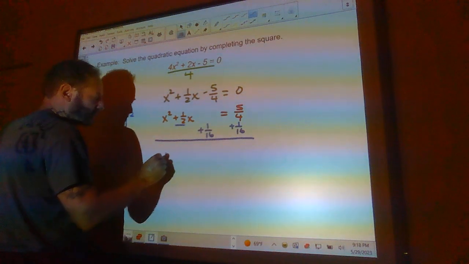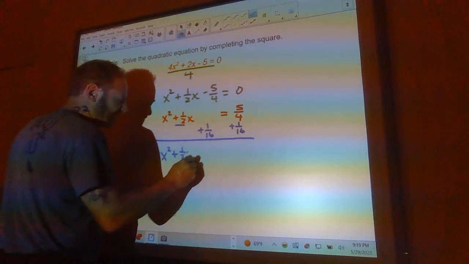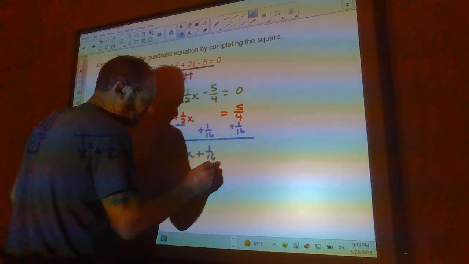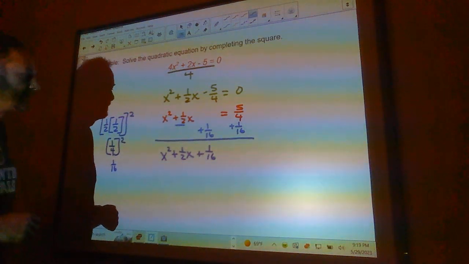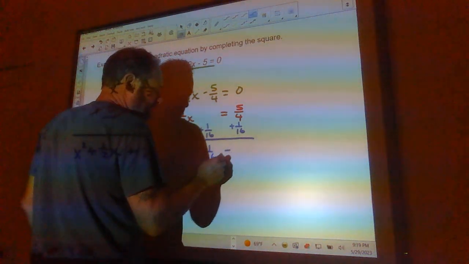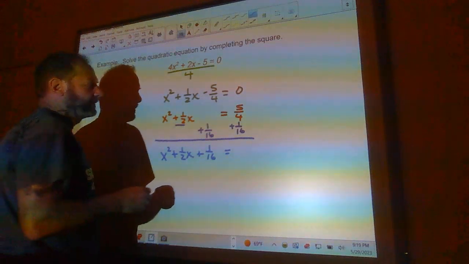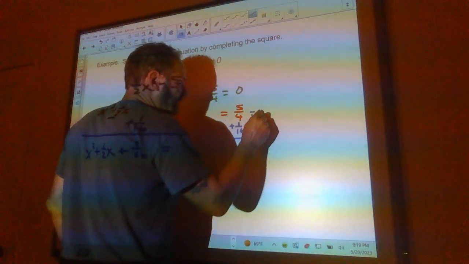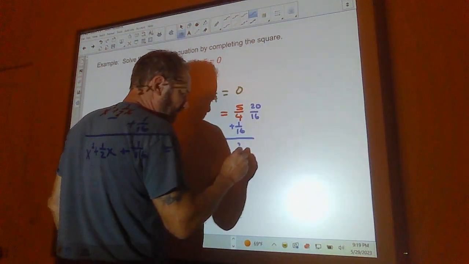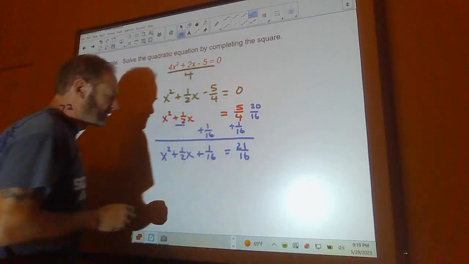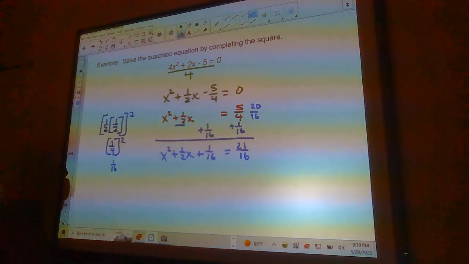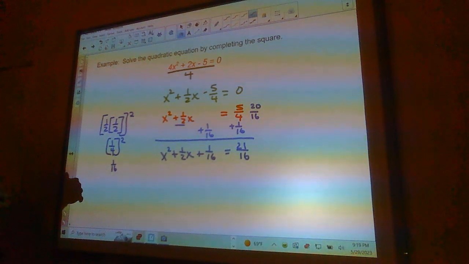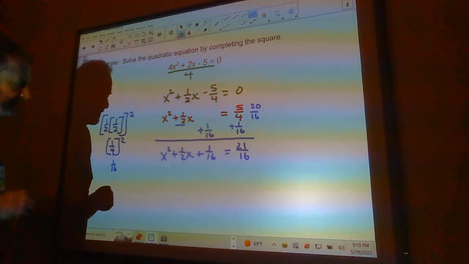So I'm going to get x squared plus 1/2 x plus 1/16, and then that's going to equal, let's see, this is going to be 20/16ths, so this is going to be 21/16ths. Now I'm going to factor this.